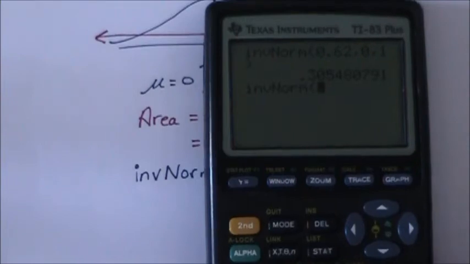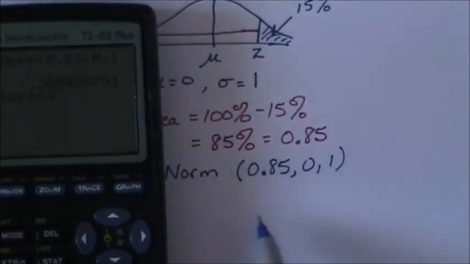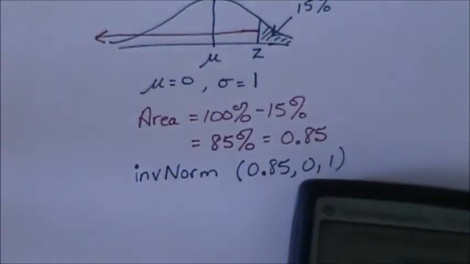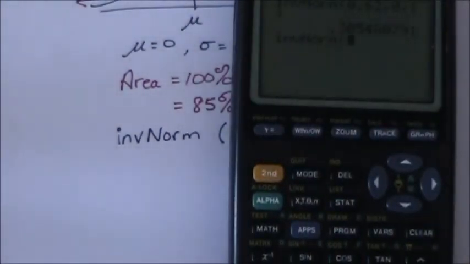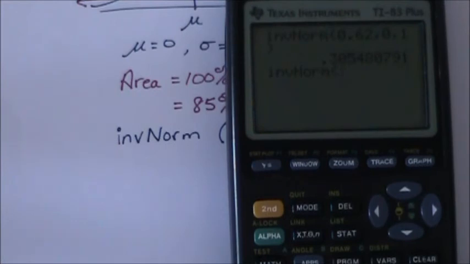And at this stage we are sticking in these numbers with the commas between them. So we are looking at 0.85, comma 0, comma 1, close the bracket and hit enter.